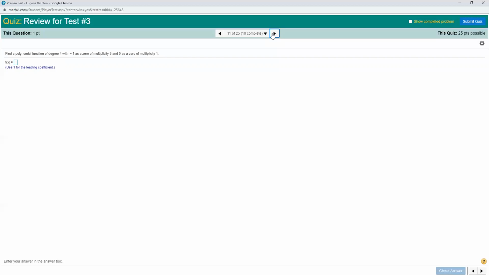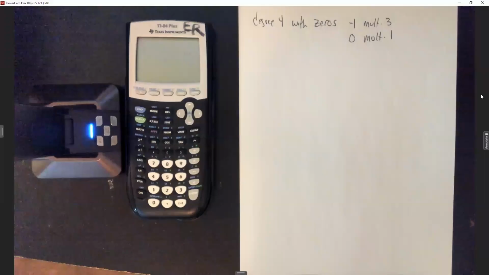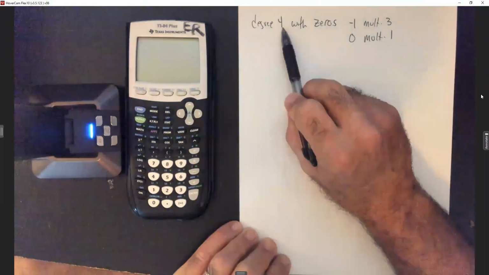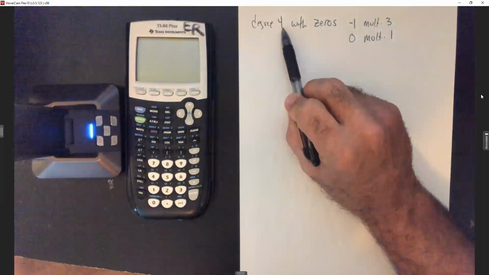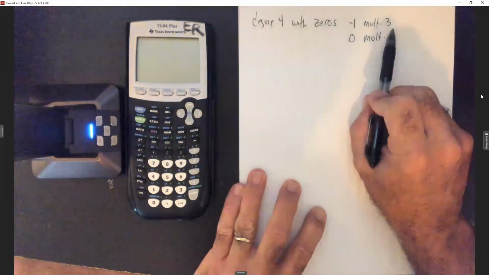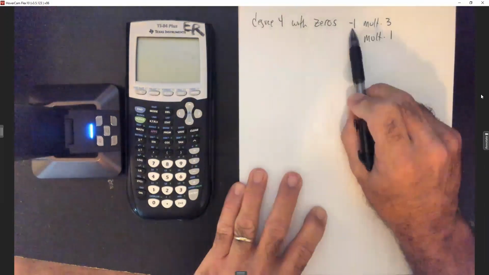So where are we at? There's my pad and share. So degree 4 means when I'm done, I'm going to have an x to the 4 as the biggest exponent, okay? So remember what we said, multiplicity tells you how many times you got these answers. So I got -1 3 times.